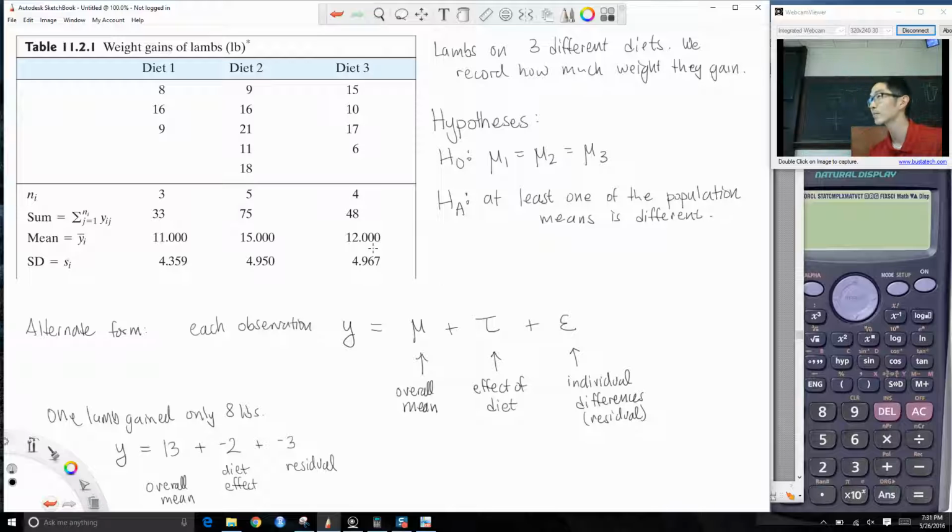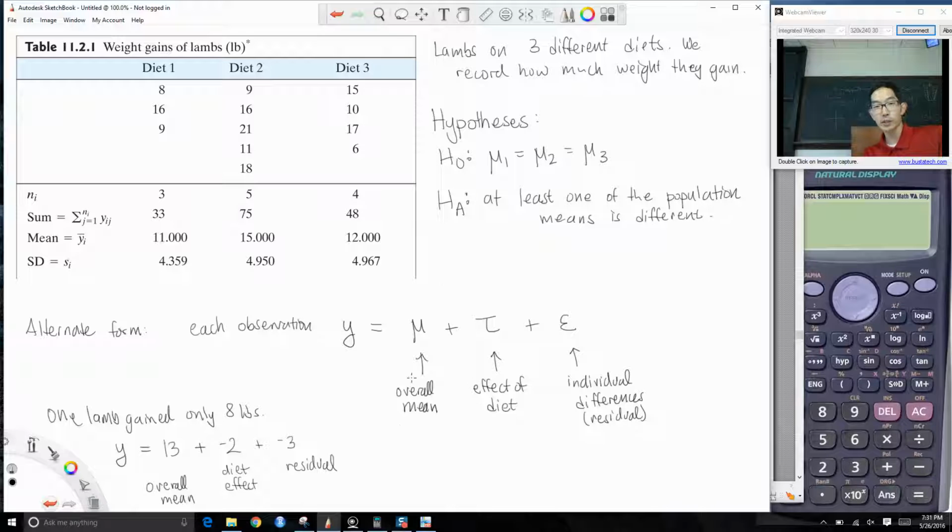Okay. And then the -2 you said was from the fact that 11 is 2 pounds less than the overall mean of 13. Okay, so being in diet 1, according to the data, puts you at a kind of 2-pound disadvantage. So we would say this is why the one lamb gained only 8 pounds, okay?